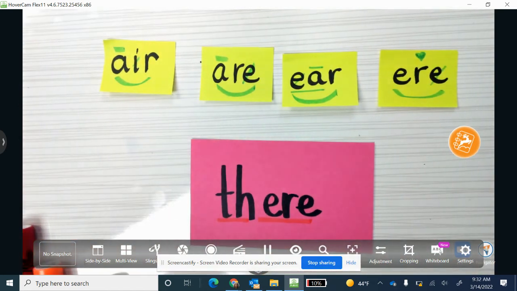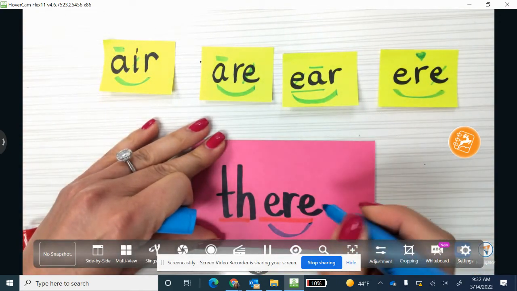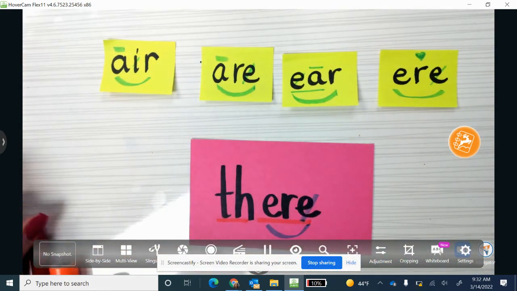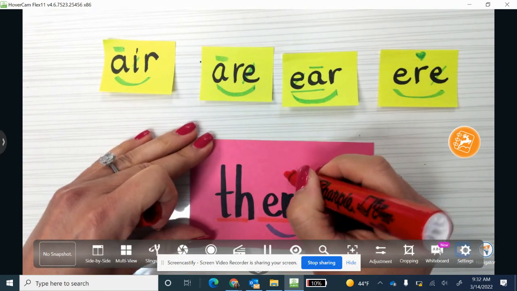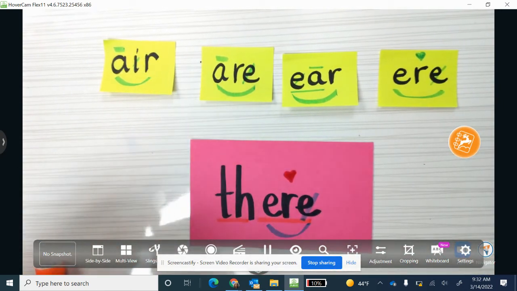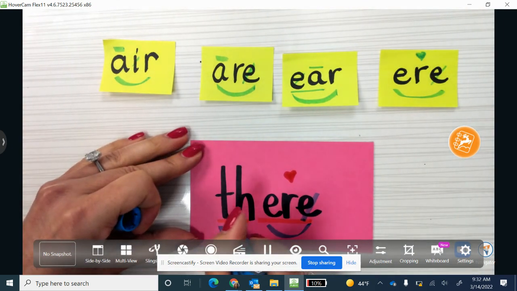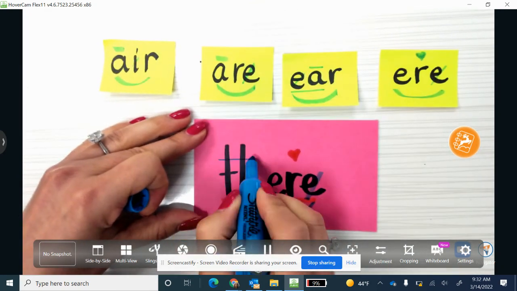There. And I'm going to show that these cannot be separated. And I'm going to code this with a heart because I need to remember that this is making the long A R controlled. There. And also, just as a reminder, these two letters cannot be separated and they are voiced.